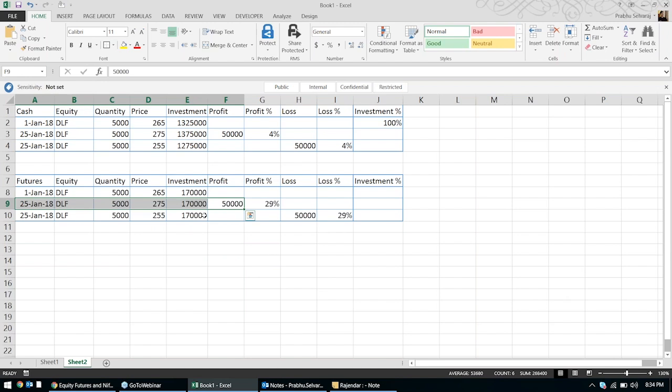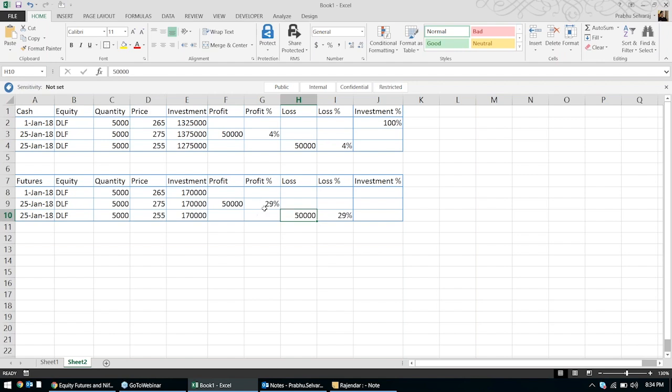Yes, it's simple. I invested 13,25,000 rupees in the cash market to buy 5,000 shares. But I'm a smart trader. I invested only 1,70,000 and bought the same 5,000 shares of DLF. If the stock goes up by 10 rupees, I get a profit of 50,000. If it goes down by 10 rupees, I make a loss of 50,000 rupees.